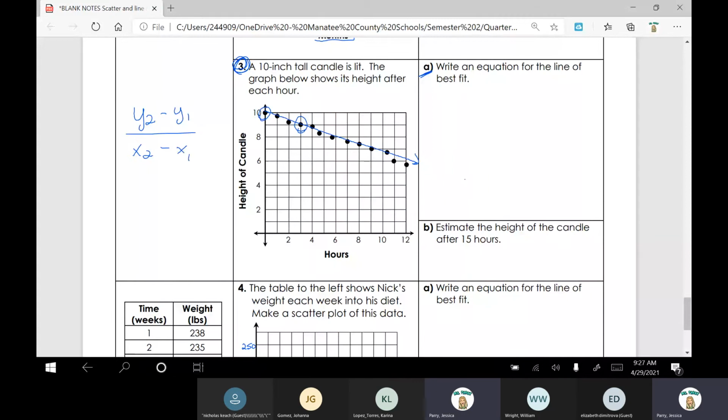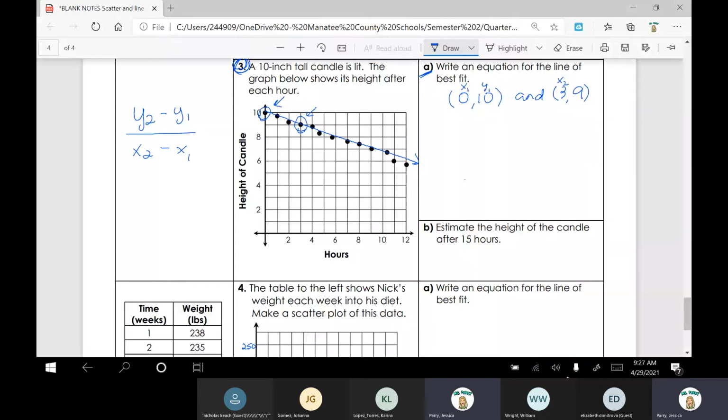Okay, so I drew my line on there, and then I identified 2 points. I circled them already here and here. My first point is 0, 10, and my next point is about 3, 9. And I'm going to label x1, y1, x2, y2, and then we can find our slope.